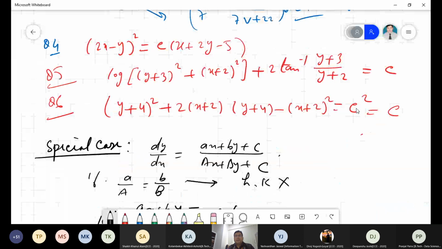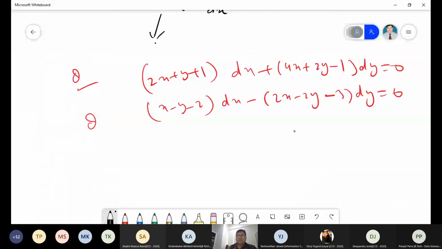Special cases I have given. Is this whiteboard visible now? Yes, sir. Okay, all good. These are the questions I have given for practice. So you have solved all these questions. Any problem anybody has? No, sir. No issue. What are the answers for those two questions? Yes, sir. Last two questions.